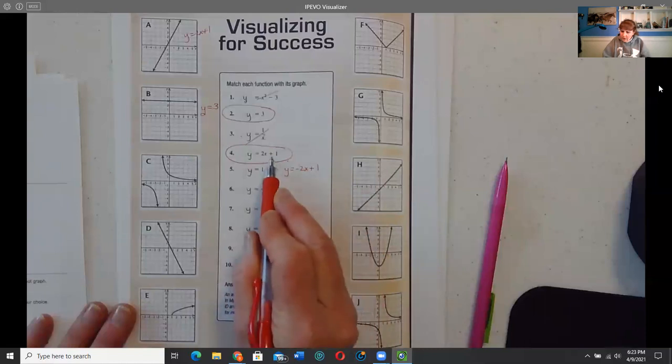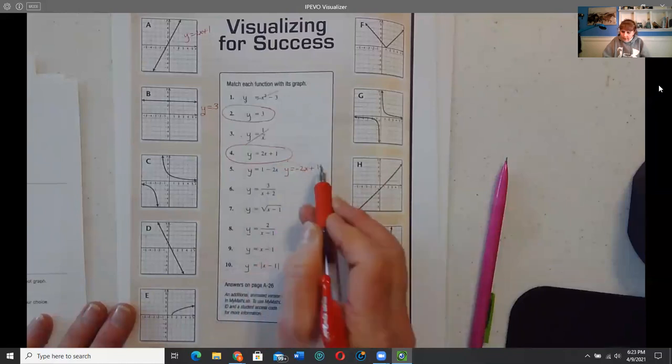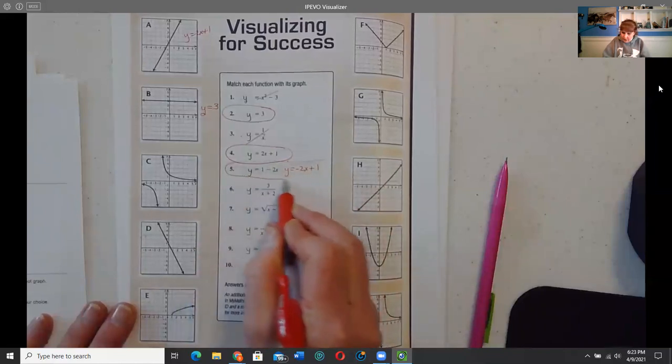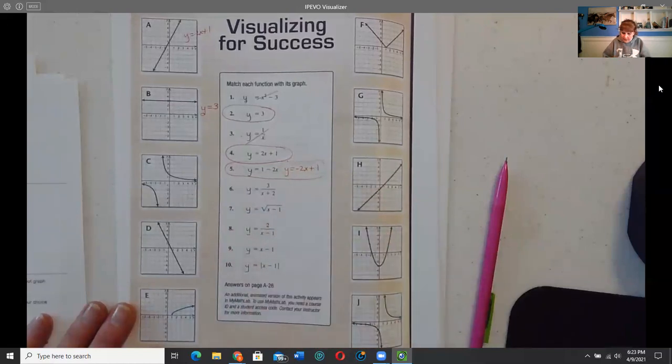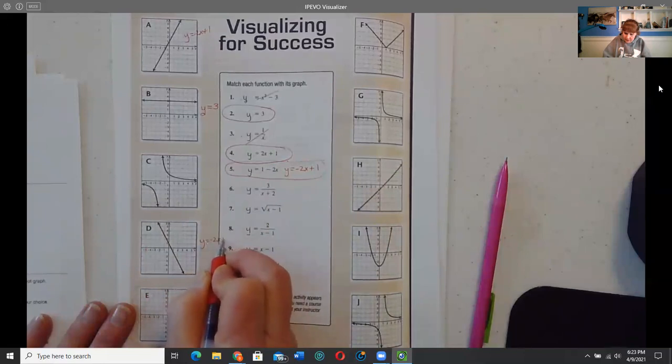So this one also hits at 1, but this has a negative slope. So that's a good review of the slope. This is a linear equation, y equals mx plus b. It has a negative slope, and it's hitting the y-axis at 1. So this right here is y equals negative 2x plus 1.